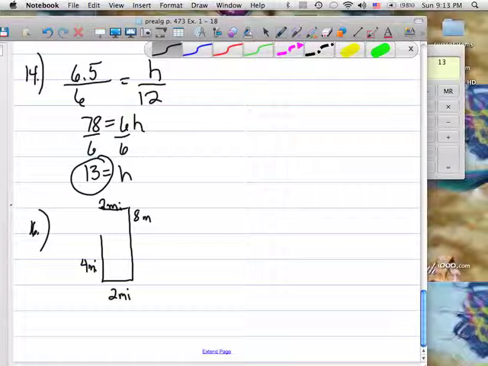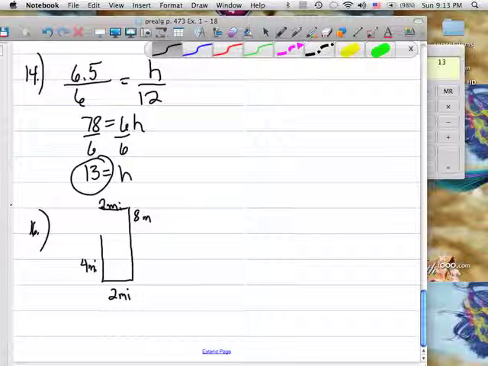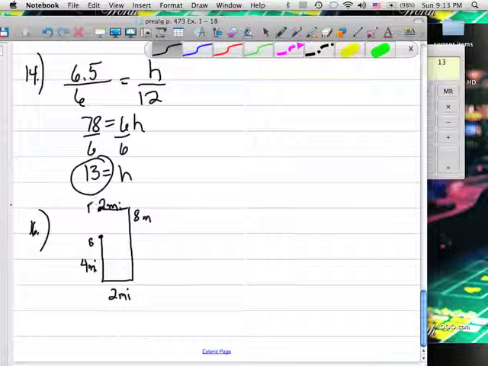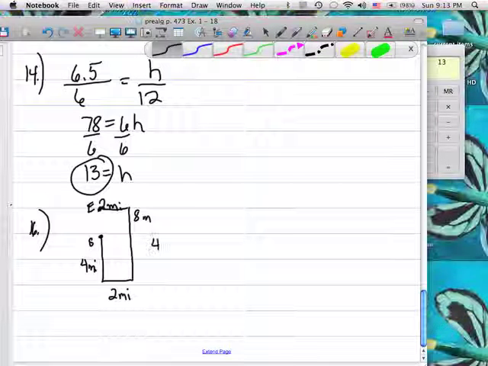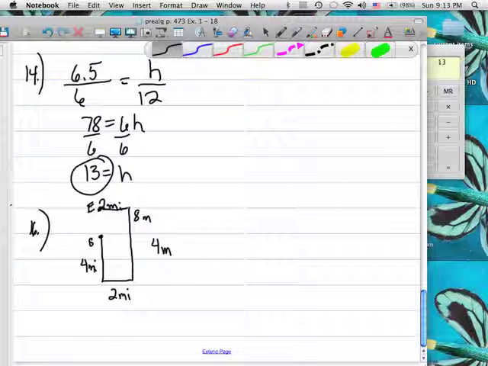Where was she in relation to her starting point? So this is the starting point, and this is her ending point. She's 4 miles north.